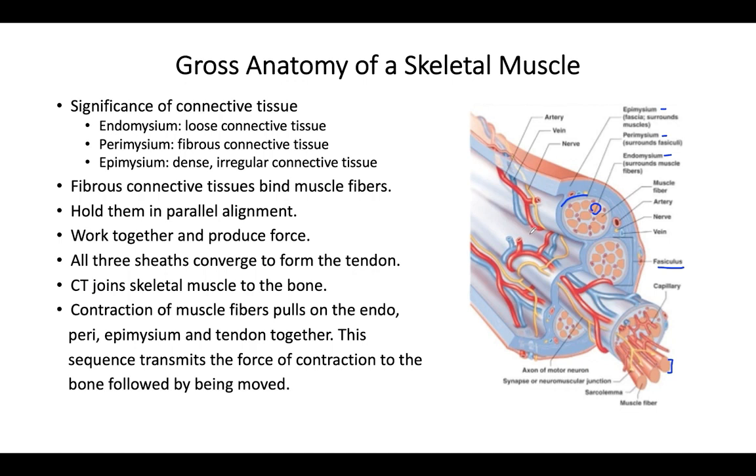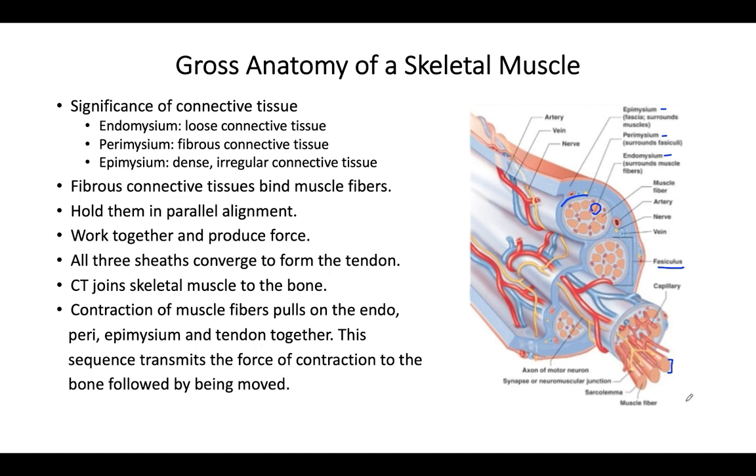Therefore, contraction of a muscle fiber results in the movement of a structure such as bone and skin. In other words, a single muscle fiber moves, but this connective tissue blends them together. Even though a single muscle fiber moves, that movement can generate the movement of a bone.